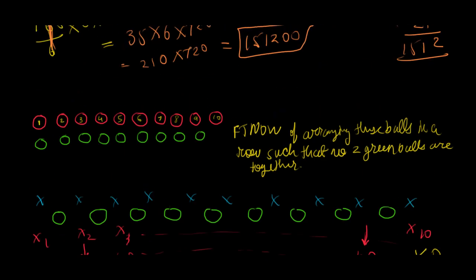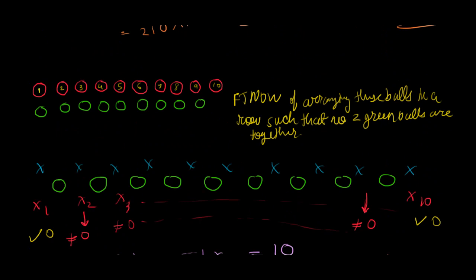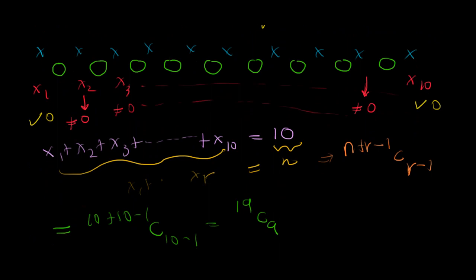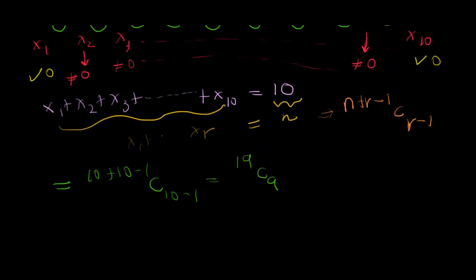So that is the total number of ways in which I can place red balls in these gaps such that... oh my goodness, I made a mistake here. If you caught the mistake, very nice, but I'll just tell you. x1 plus x2 plus x3 and so on till x9 cannot be equal to 0.